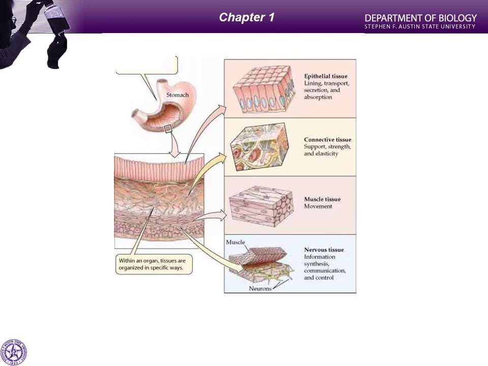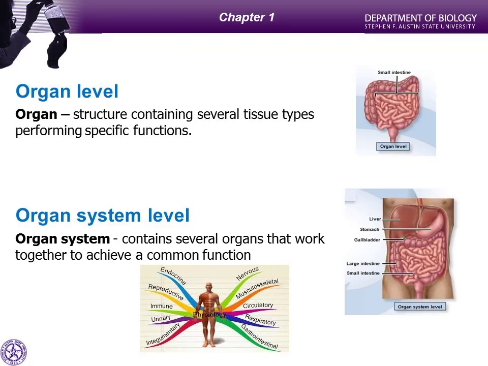So at the organ level, when we combine all these tissues, and not every organ is necessarily going to have all four components, but most will, we get to our organs, such as our stomach. And then when we add our esophagus, our intestines, we put that all together with the stomach.